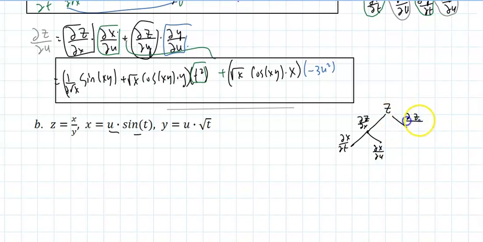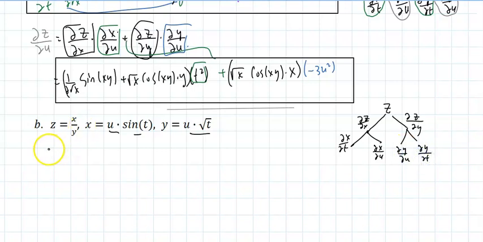The other variable that U depends on is Y, and Y depends on U or T. It depends what you want.